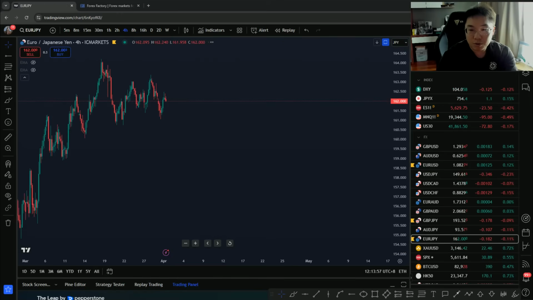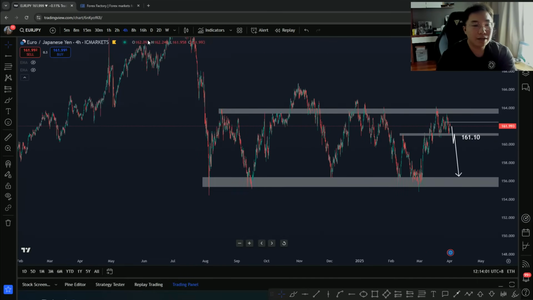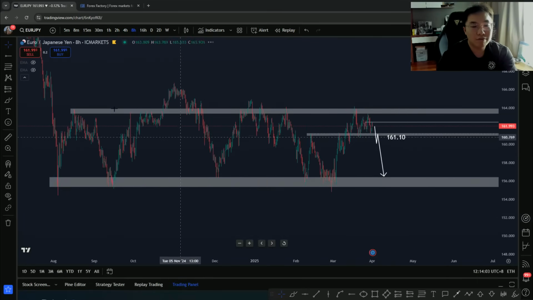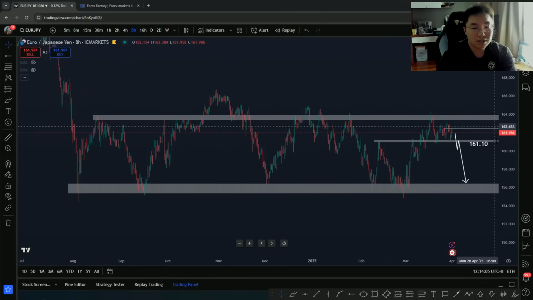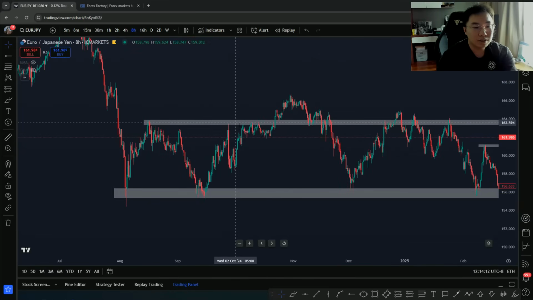So a good example will be Euro Yen. Euro Yen has been in a range for a very long time. You see that not all of that was just beautiful equal highs. There'll be times where you see price just barely test the low and it starts reversing back up. There'll be times where price seems like it's breaking above, doing some fake out, still comes back below. Didn't quite tap the low, goes back above.